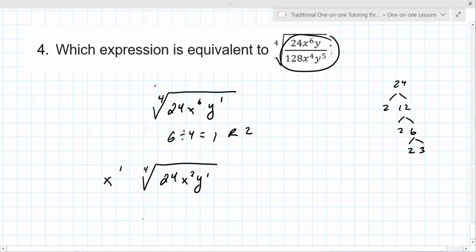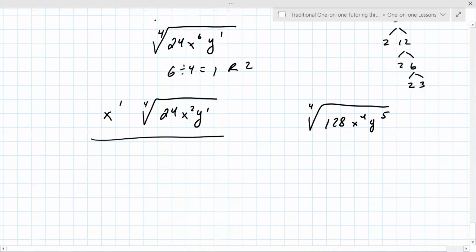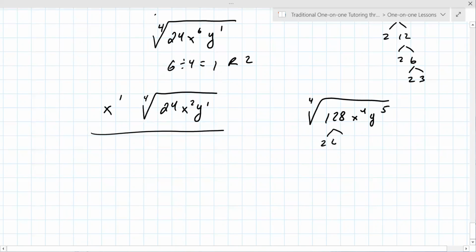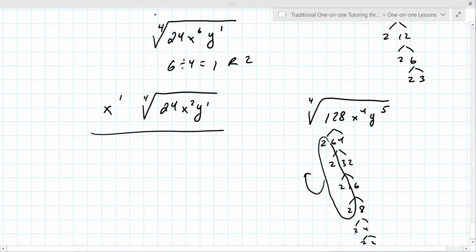So that's the numerator. Now we're going to do the 4th root of 128 x to the 4th, y to the 5th. For 128: 2 and 64, 2 and 32, 2 and 16, 2 and 8, 2 and 4, 2 and 2. There are 7 2s, so we can bring one group of 4 out, and then there are 3 left over.